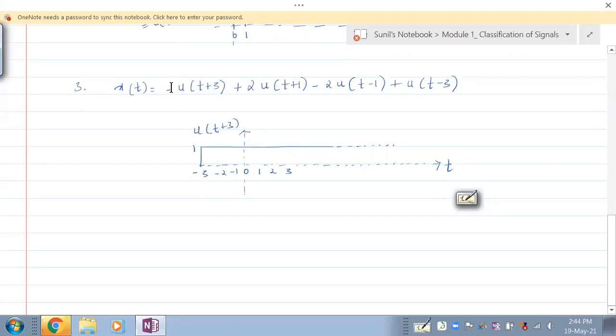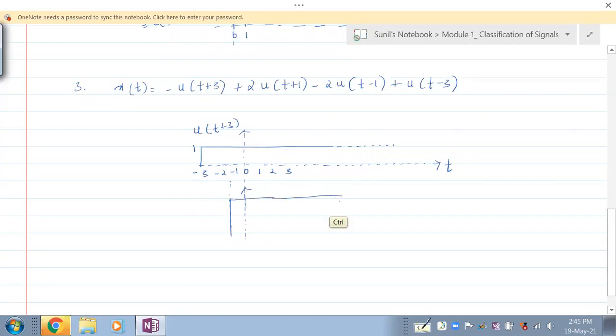This minus will be taken care of when we are operating the subtraction. So let's write 2u of t plus 1. Now t plus 1 starts from minus 1. So let's just extend this down. Now let's say this is 1. Okay, so this is 2. See the amplitude is changed now.